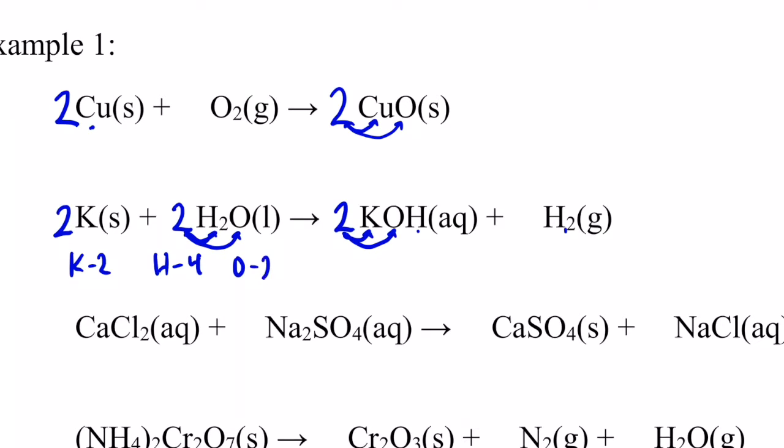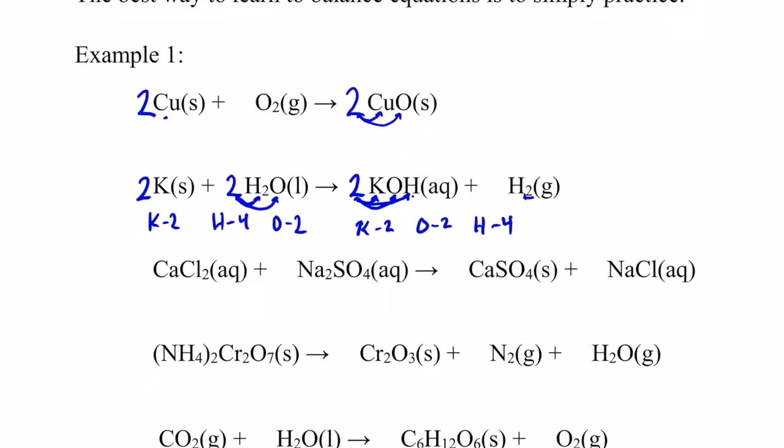And oxygens, there are 2. On the product side, I have potassiums, which there are 2. I have oxygens, which there are 2. And I have a total of, let's see, 2 hydrogens here plus 2 more, which is 4. And if you look, the number and type of atom on both sides of the equation is balanced.